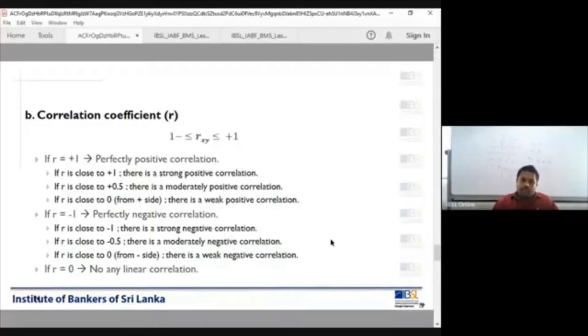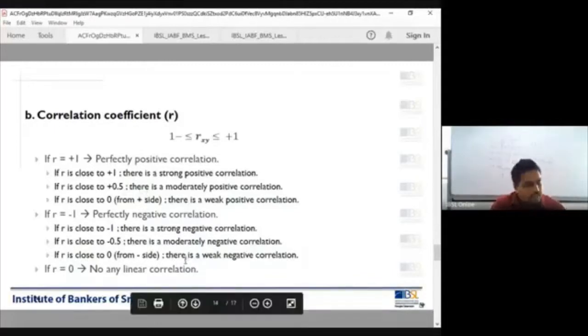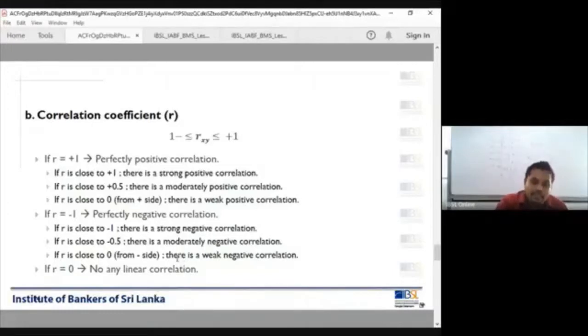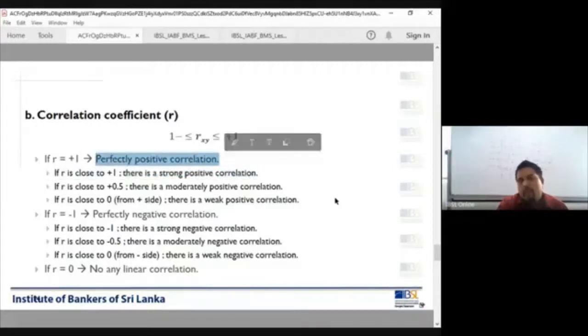Okay. Now, under these two segments of positive correlation and negative correlation, what we are going to discuss here is whether the given data set has a positive correlation, negative correlation, and the degree of the relationship. If R is exactly +1, this is the definition of perfectly positive correlation.